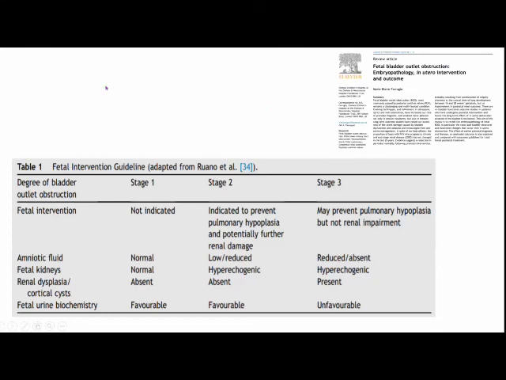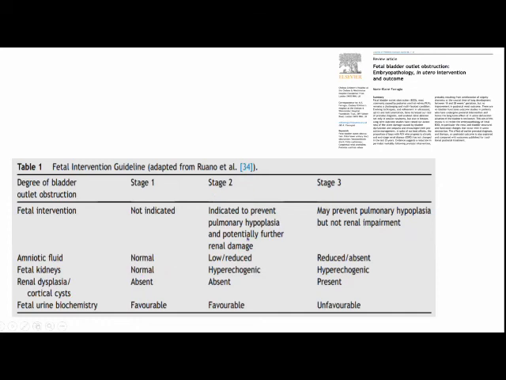Sir, this is one article showing fetal intervention guidelines for PUV, that is, bladder outlet obstruction. There are 3 stages. In the first stage, fetal intervention is not indicated if the amniotic fluid is normal, fetal kidneys are normal, there is no renal dysplasia or cortical cysts, and fetal urine biochemistry is favorable, where beta-2 microglobulin and fetal urine samples are normal.